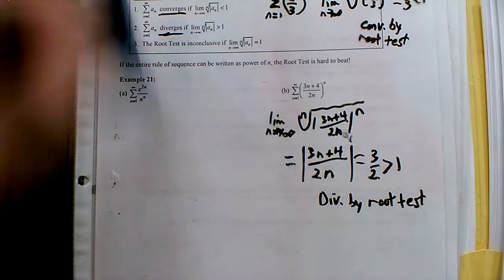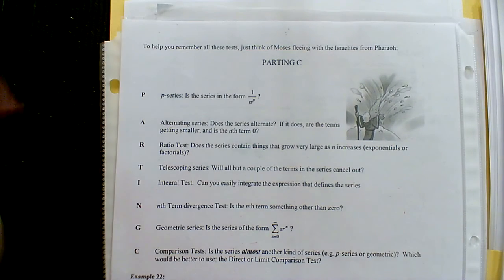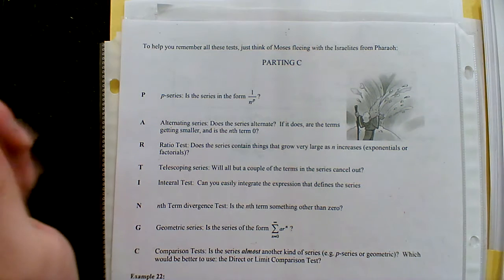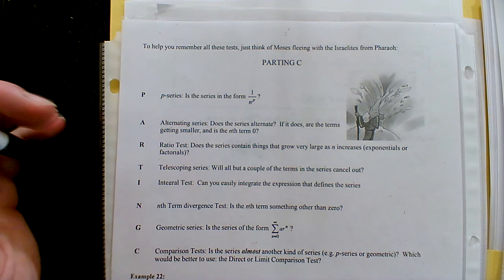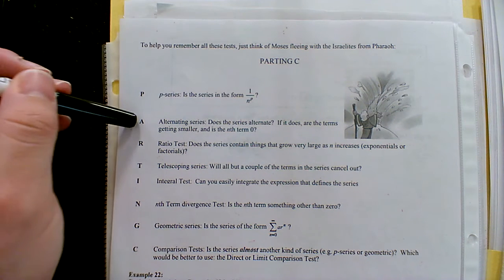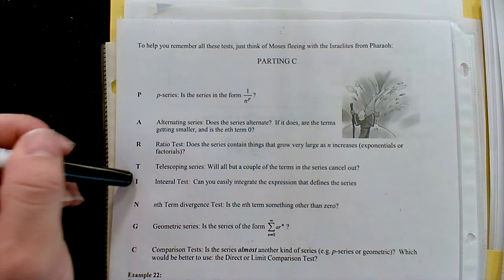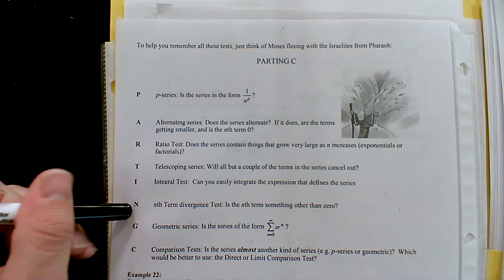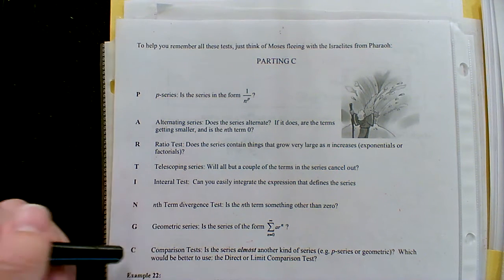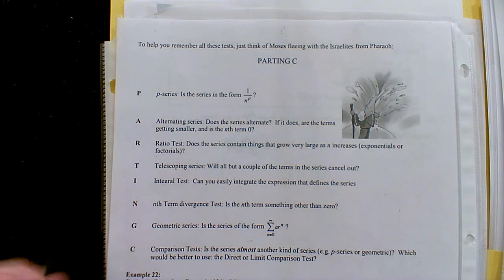All right, then the last thing for today, if you flip over just to mention, this might help you remember these tests a little bit. So to help you remember all of these tests, just think of Moses fleeing with the Israelites from Pharaoh. Think of the parting sea. So P is for P-series, A for alternating series, R for ratio test, T for telescoping series, I for integral test, N for nth term test, G for geometric series, and C are for the 2 comparison tests, direct or limit comparison tests.